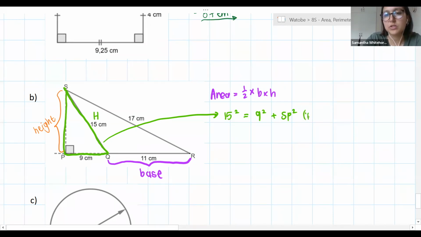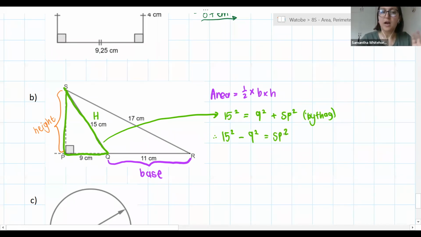And this is all because of me using Pythagoras. And so once I've got that, I will have to say 15 squared minus 9 squared will give me SP squared. So I've started you off. I would like you to finish finding the height for me and then go and work out the area of this triangle. I'm going to give you 2 minutes.